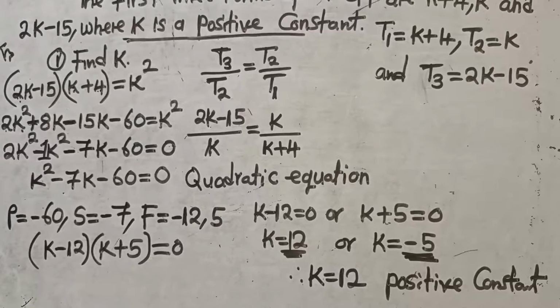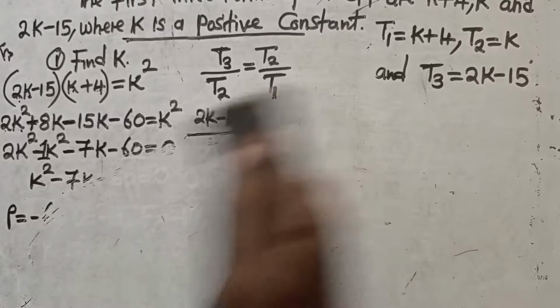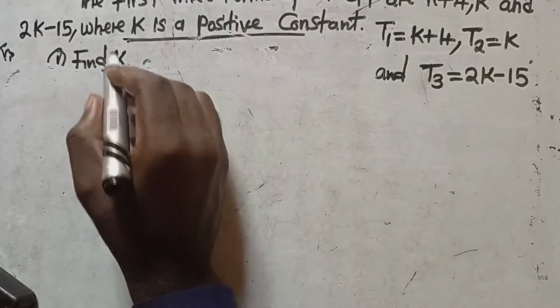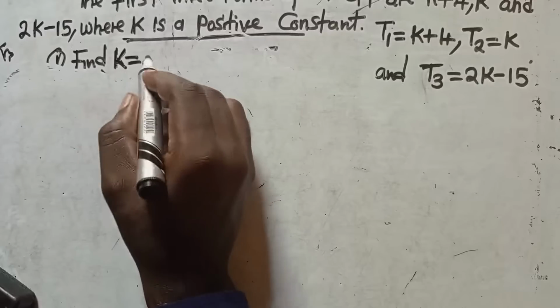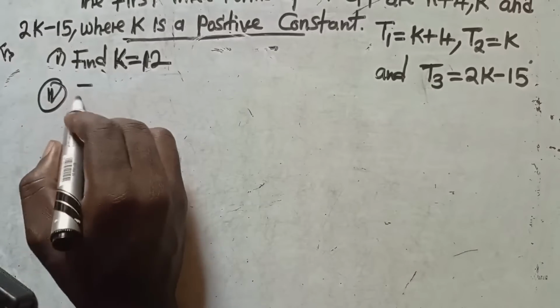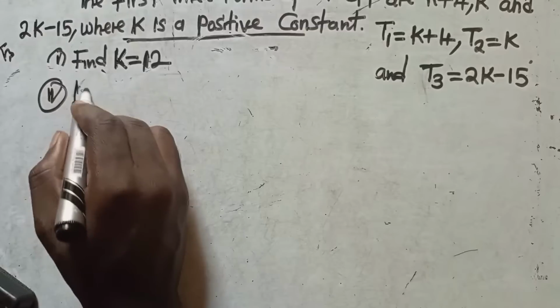The next question, after we find k is 12. So we know that the value for k is equal to 12. The next question, we were told to say list. They want you now to do what?